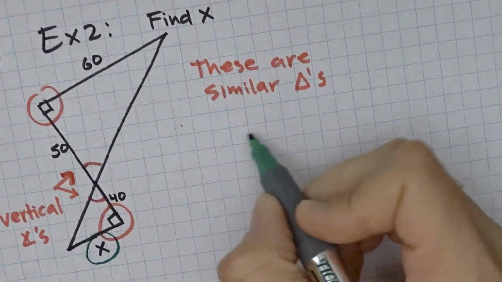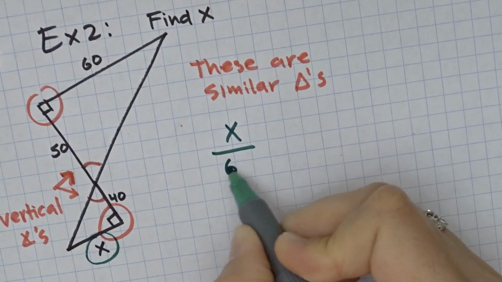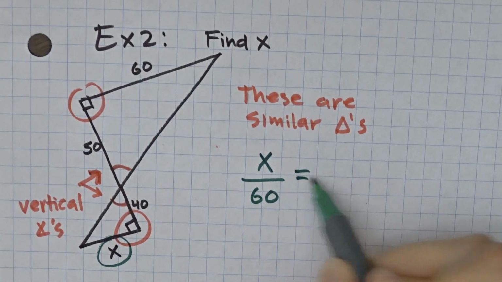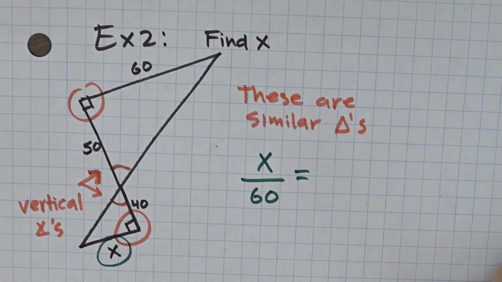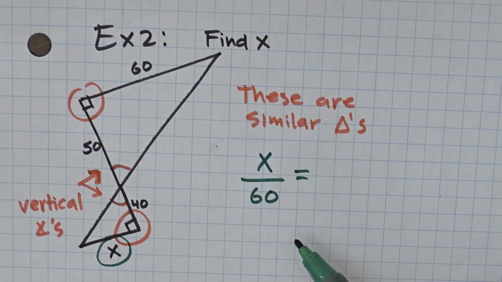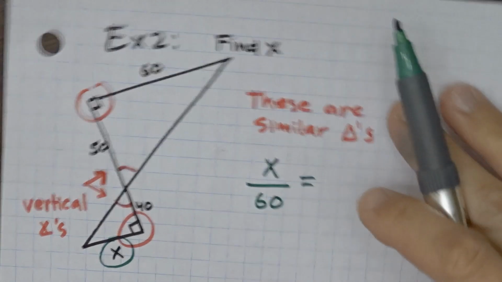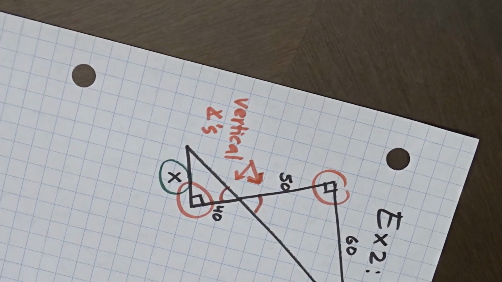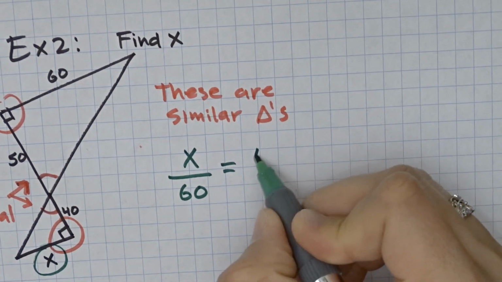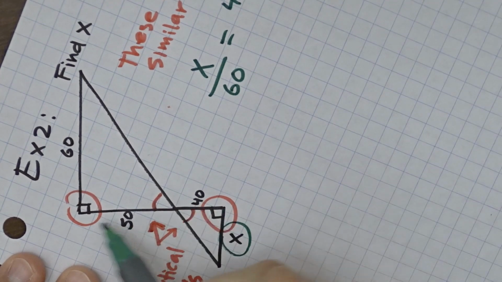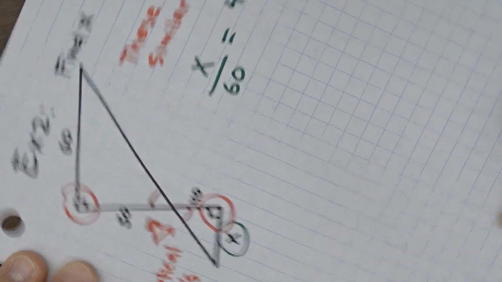So x will correspond to 60. And then again, we have another ratio of the proportional sides, which will be, let's look at 40. So again, turning it over, 40 looks like it's the base of that right triangle. And that one's going to correspond to, looks like 50, the base of that triangle.